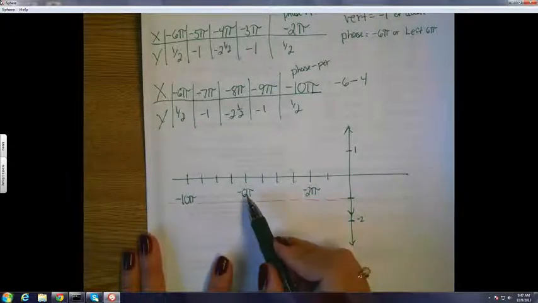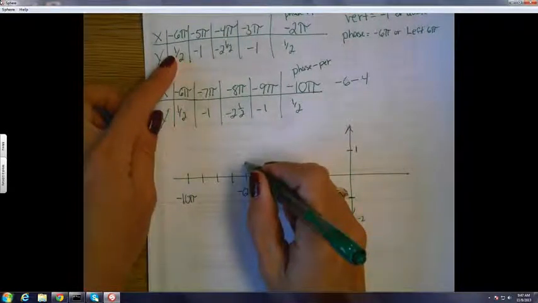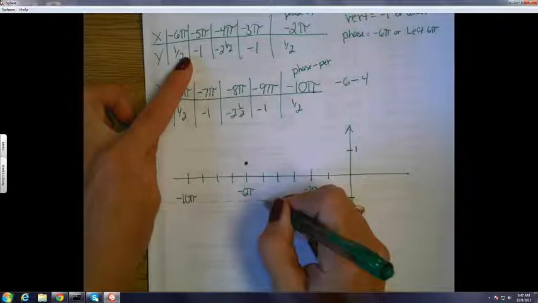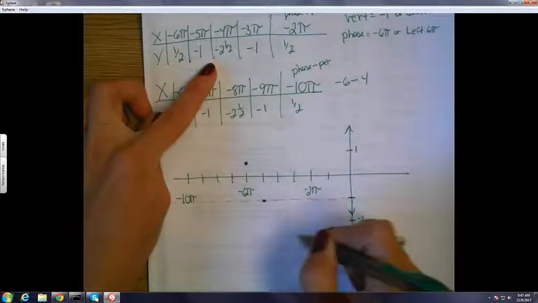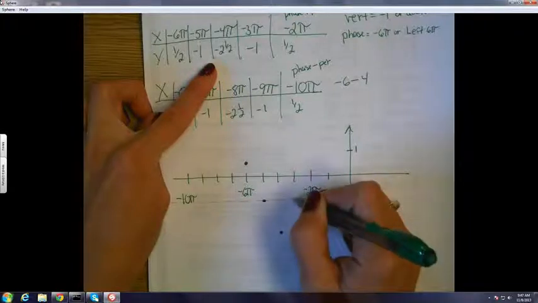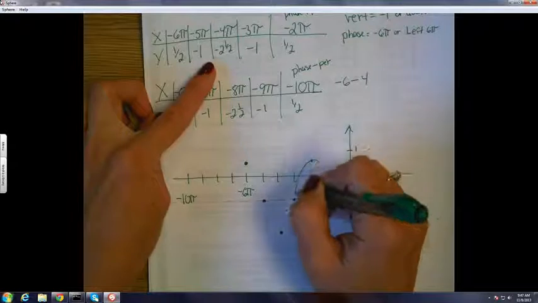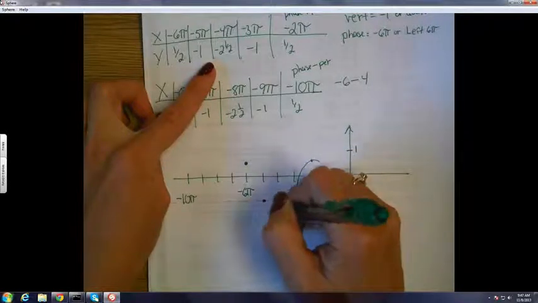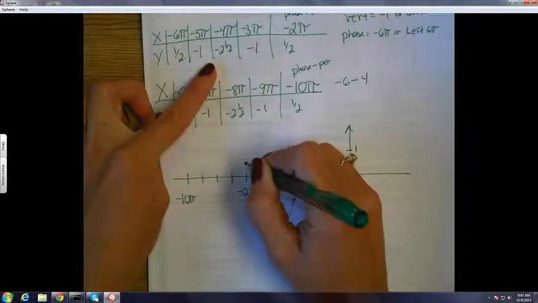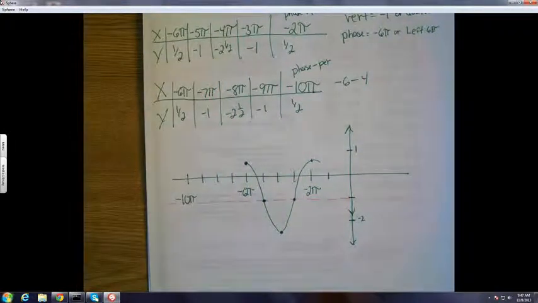Everything starts at the negative 6 pi, so I'm at a half. Then I'm on my axis, negative 2 and a half. And then the other one.